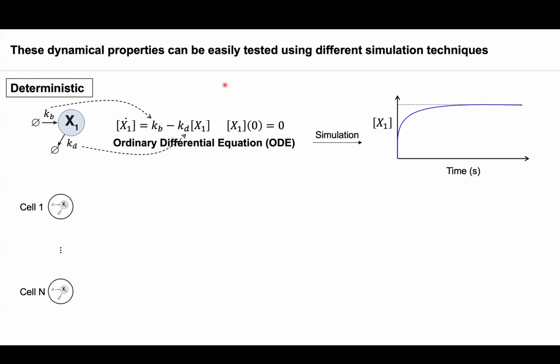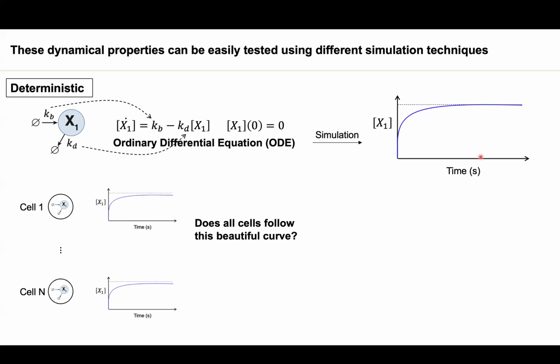One limitation of this ODE-based method is that if we have multiple cells, and they share the same chemical reaction network, then from this ODE simulation, regardless of the cell, they show the identical beautiful curve of X1 concentration.